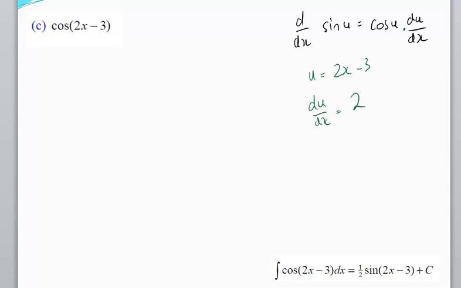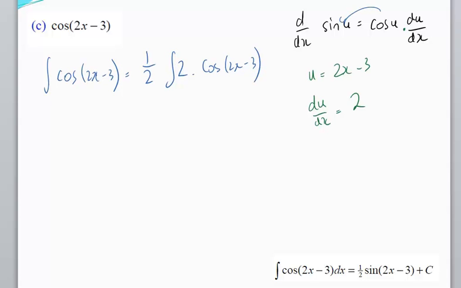We know we need that times that. To get this into this format, we want our integral of cosine of 2x minus 3 to be the integral of 2 times cosine of 2x minus 3. To get to this point, we're going to be multiplying by a half. Then we're going to end up back with our sine of u, so it's going to be a half times the sine of 2x minus 3, plus our constant c.